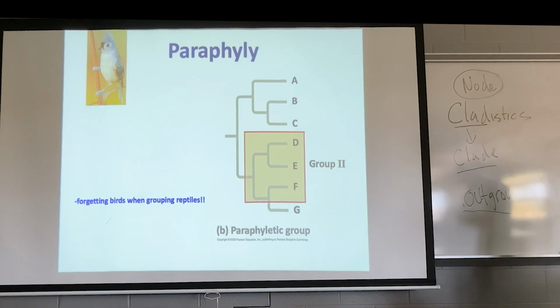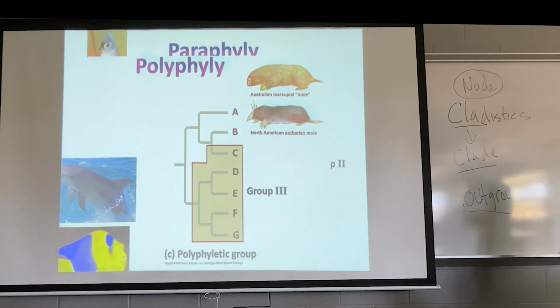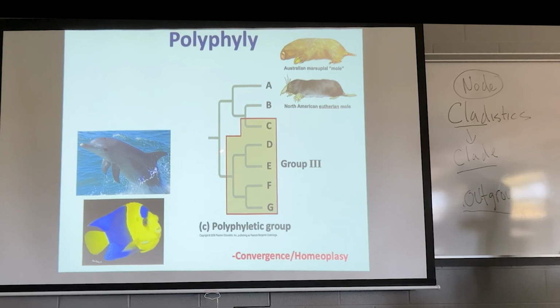The worst grouping is a polyphyletic grouping, where we say something is part of a monophyletic group, but it doesn't share a common ancestor. So notice here, we can trace D, E, F, and G back to here, and we're including C, and C, you can't trace it there, can you? It won't go to the common ancestor that they all share.